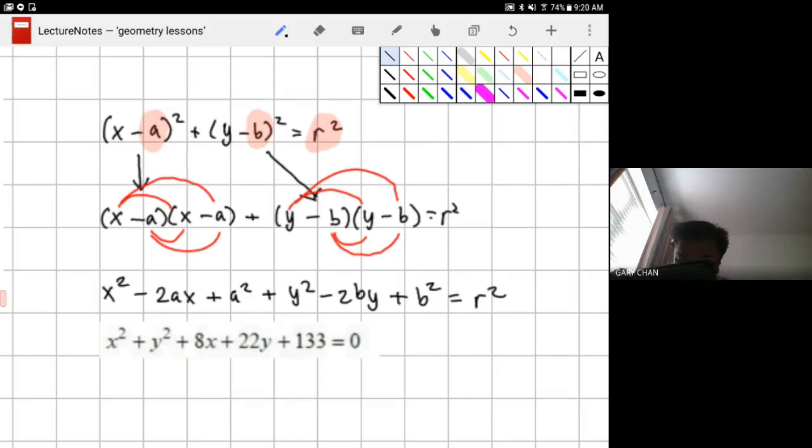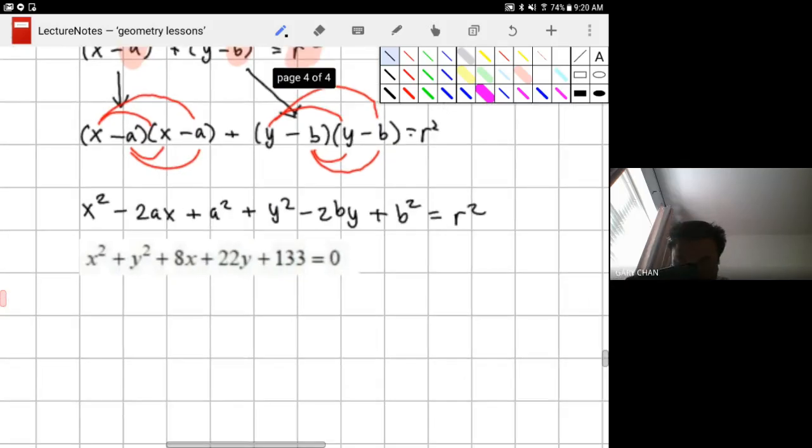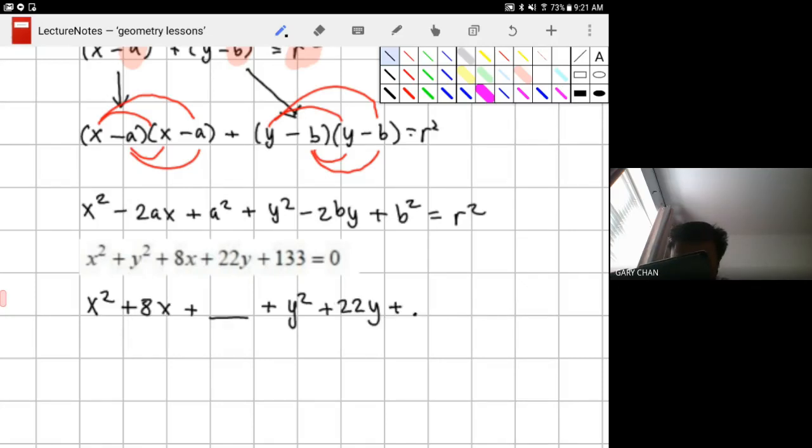Right now, let's focus on the equation I have underneath. I'm going to rearrange it as x squared plus 8x, plus a blank space, plus y squared plus 22y, plus a blank space.